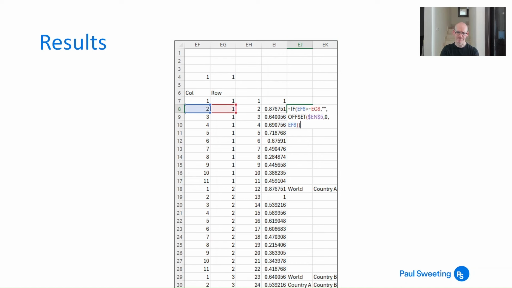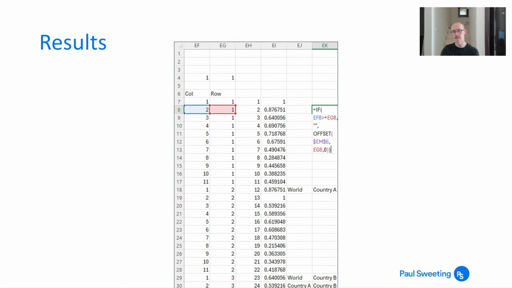And then I say, if my column number is higher than my row number, I don't want to see anything. I only want to see stuff if my column number is less than my row number. And you'll see there that once I've got correlations noted all the way through, the labels next to them only appear for those situations where, again, it's essentially a triangular matrix, to make sure I'm not double counting anything.